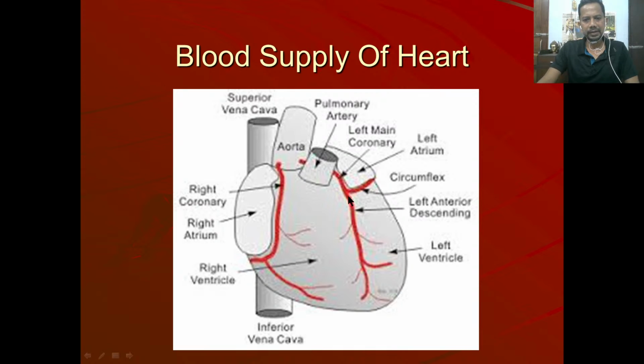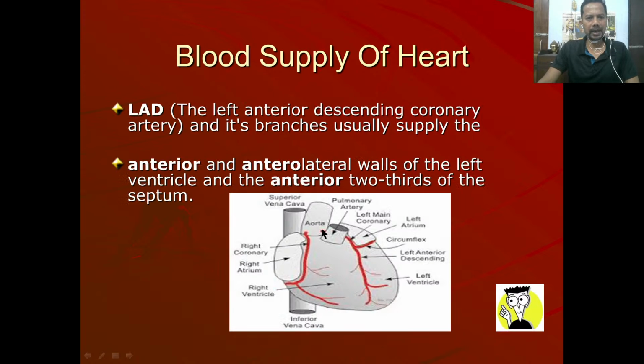The left coronary divides into LAD and circumflex. This is the circumflex, this is the LAD. There are further diagonal branches which supply different areas in the interventricular septum and in the myocardium. I am trying to make a mnemonic for you: LAD, L for left, A for anterior. I have highlighted it so that you can make a visual mnemonic in your mind.